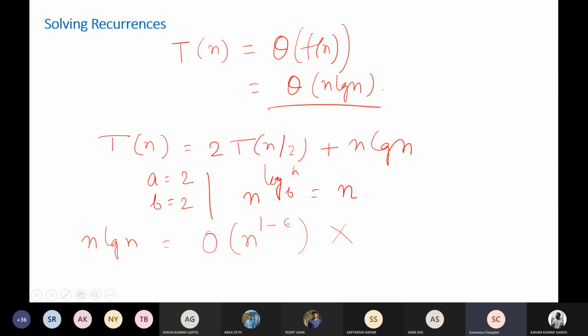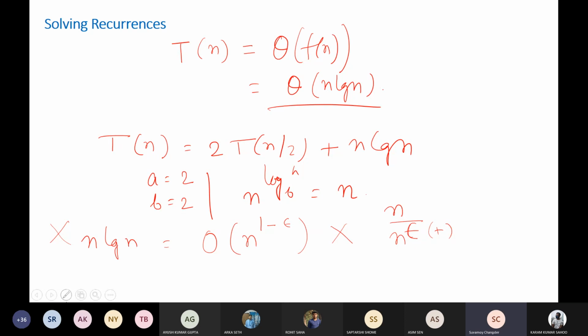No, because the minimum value of n log n is n, therefore it cannot be written as n to the power 1 minus epsilon for some positive value of epsilon. Not possible. So the first case cannot be applied here, because the value of n log n is always larger than n. So n to the power log a base b minus epsilon cannot be written.